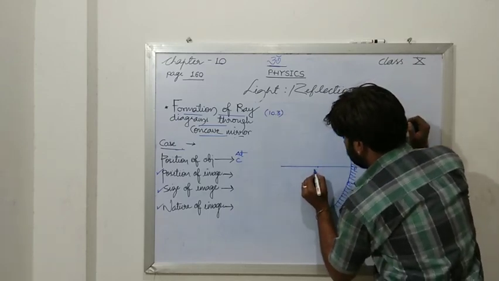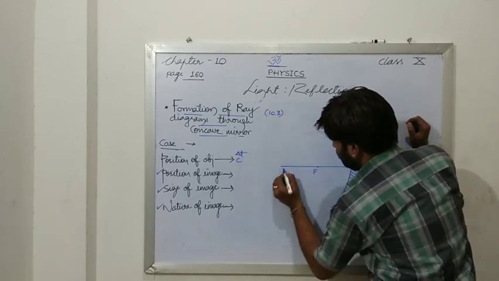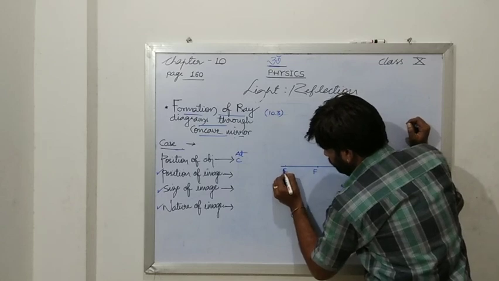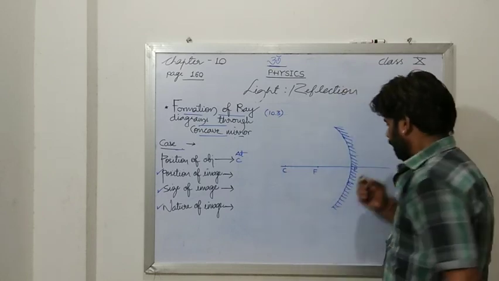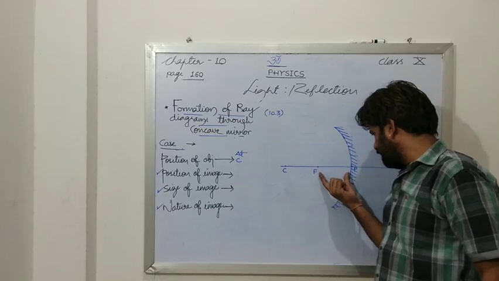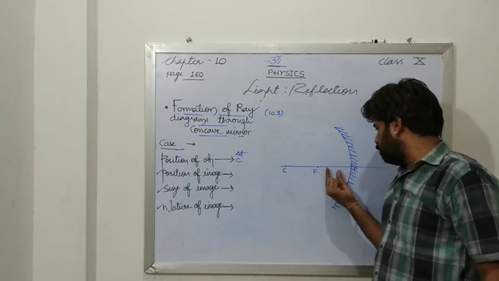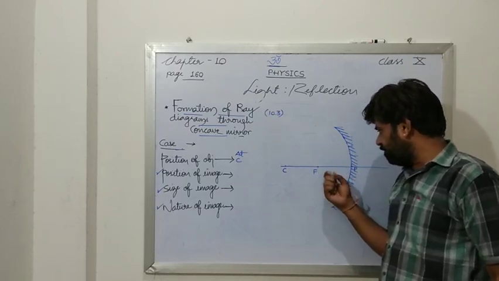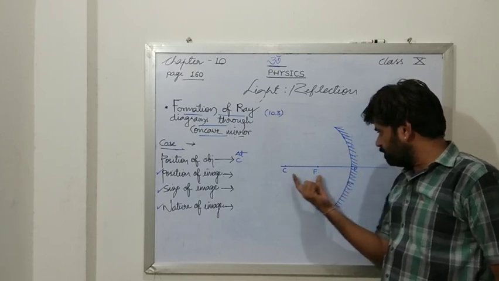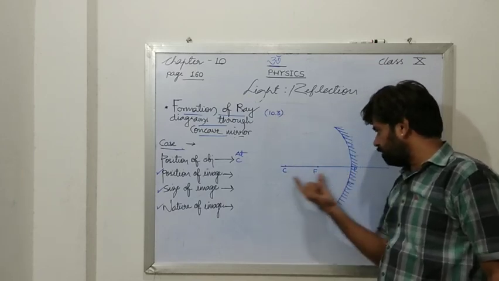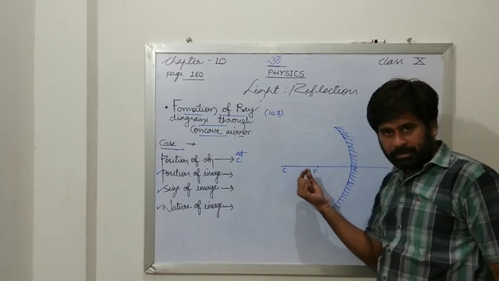Now again we are drawing, this is the focus and this is the center. According to my own calculation, this distance PF should be approximately 2.5, so this will also be 2.5 centimeter, so that you may have a better diagram.